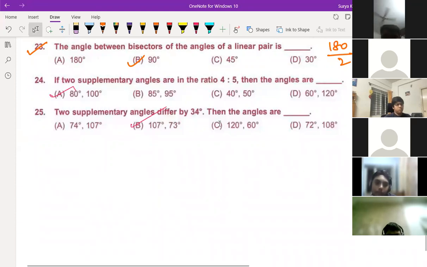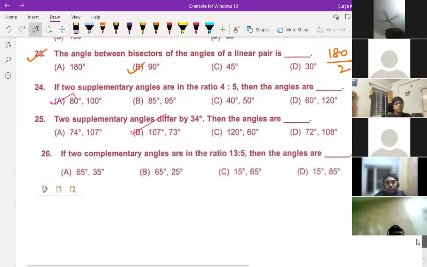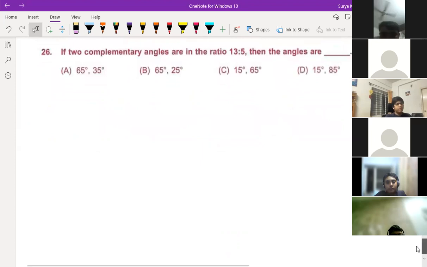Next question number 26th. Two complementary angles are in ratio 13:5. Then the angles are.